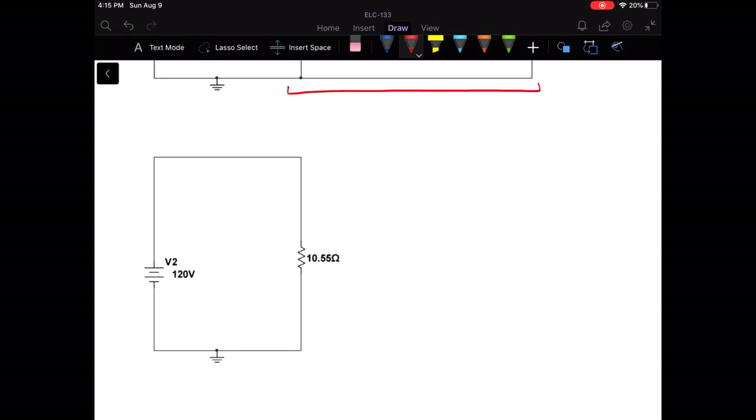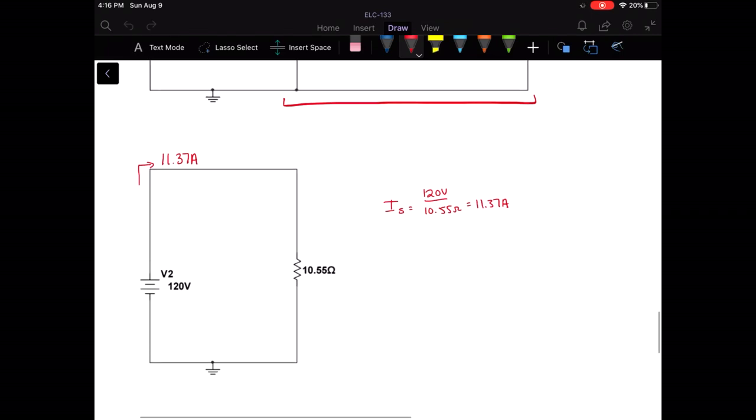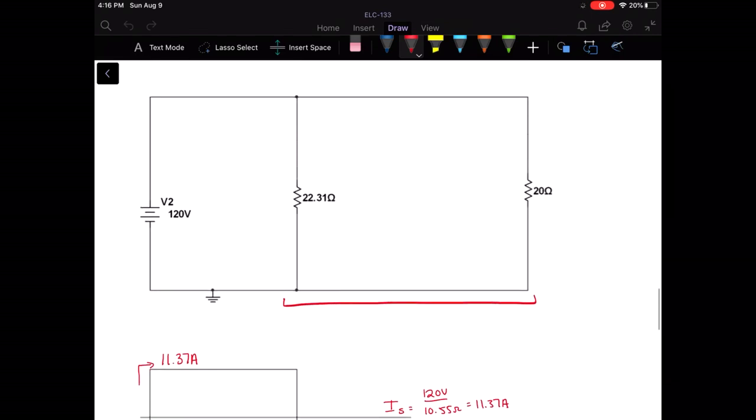So, using Ohm's law, we find that we have 11.37 amps here. That's just your 120 volts divided by the 10.55 ohms. Step up to the next step.